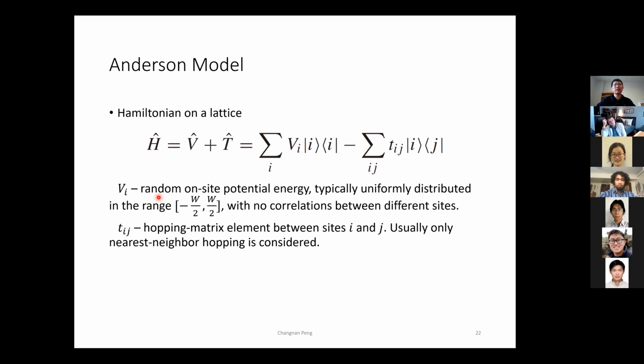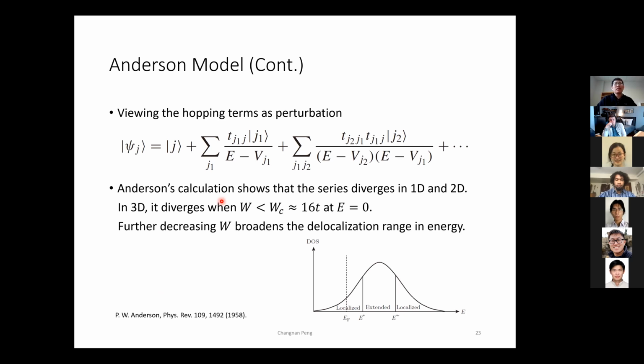Typically, we set this random on-site potential to be distributed uniformly in the range minus W over 2 to W over 2. And the value of W is the definition of disorder in the Anderson model.